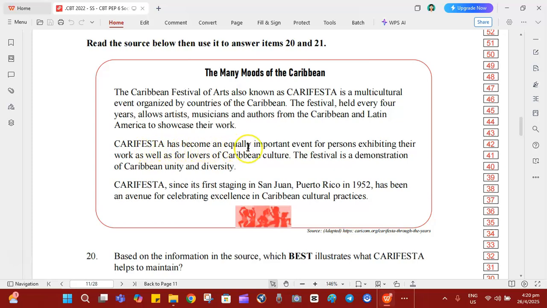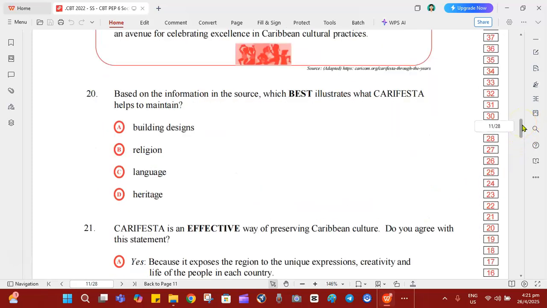CariFesta has become an equally important event for persons exhibiting their work as well as for lovers of Caribbean culture. The festival is a demonstration of Caribbean unity and diversity. CariFesta, since its first staging in San Juan, Puerto Rico in 1952, has been an avenue for celebrating excellence in Caribbean cultural practices.